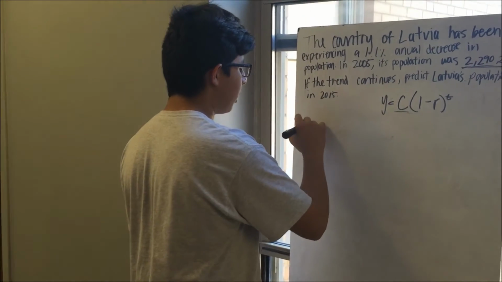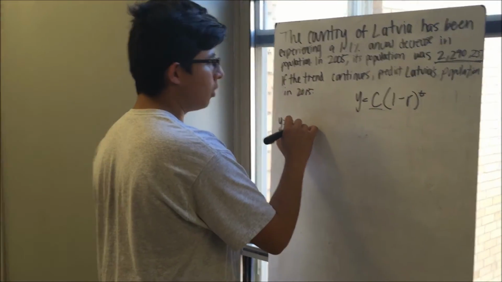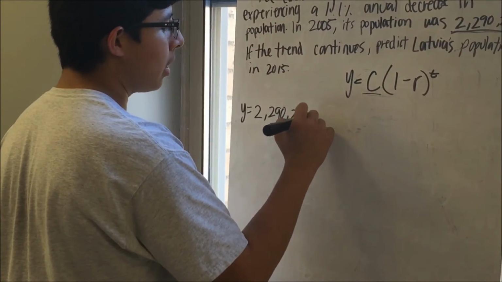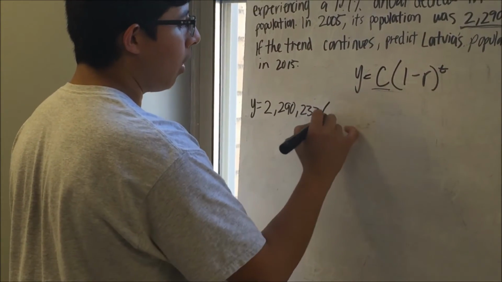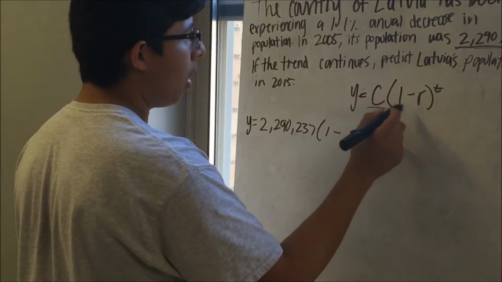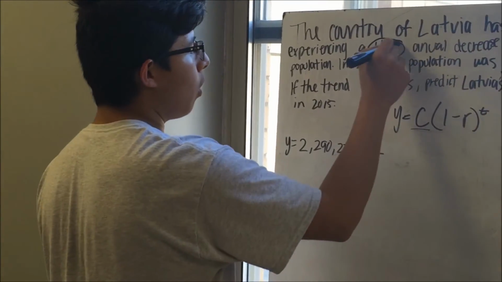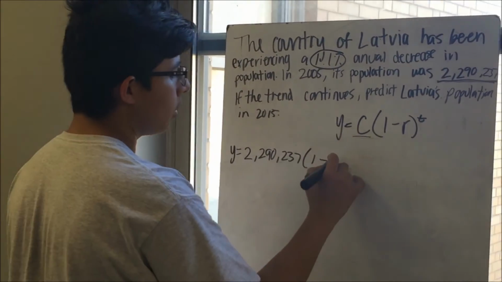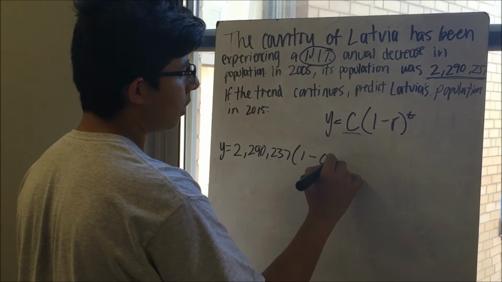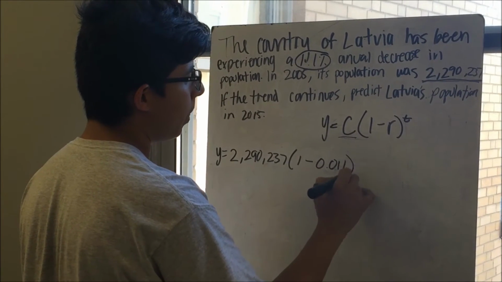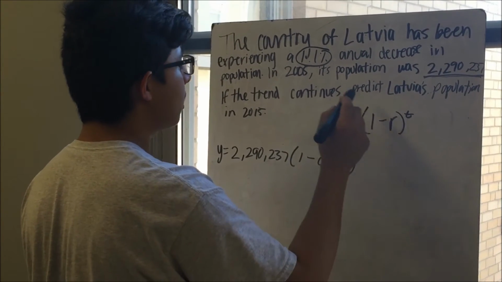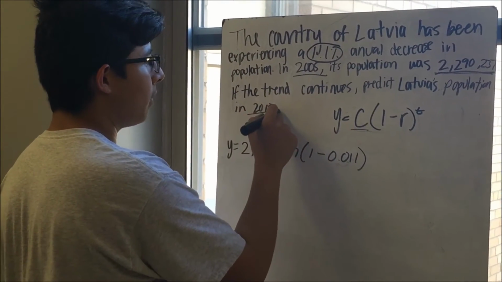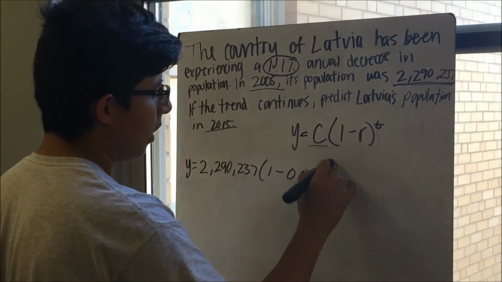So we write down Y equals 2,202,937 times (1 minus R). R is going to be the 1.1%, but we need to write it in decimal form, so it's going to be 0.011. And T is the time in years from 2005 to 2015. That's a difference of 10 years.